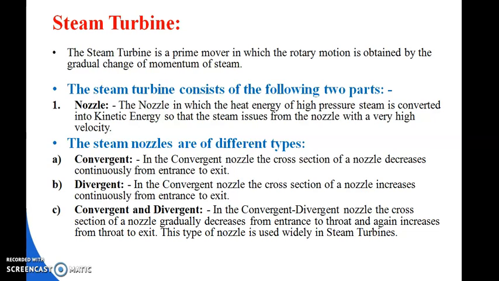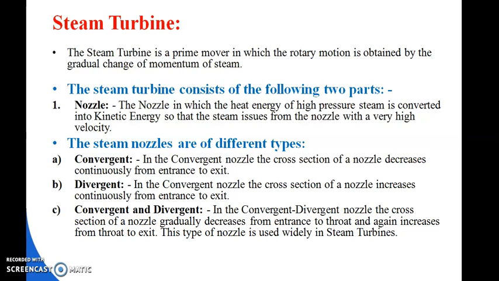Now let us discuss one by one. In the convergent nozzle, the cross section of the nozzle gradually decreases continuously from entrance to exit.